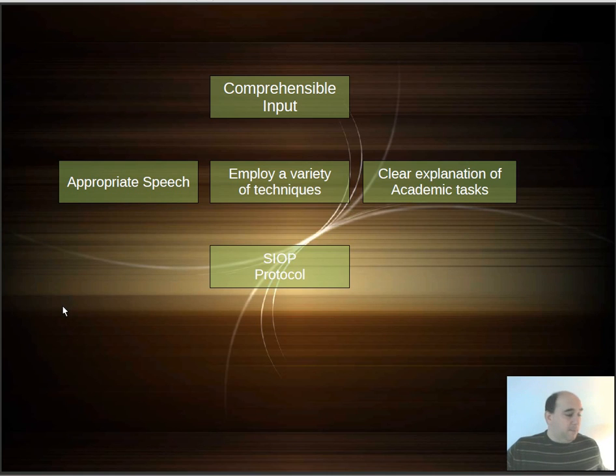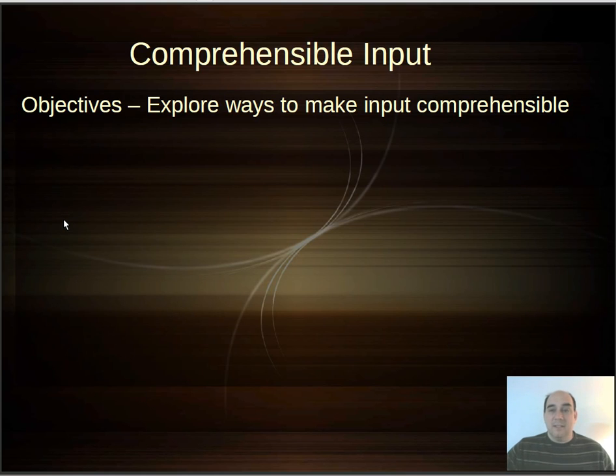According to the authors here, which is Echevarria, Vogt, and Short, they have these nice little diagrams that they begin with every single time in every chapter. In particular, we're going to be looking at what is input, what is output today, and then some of the key factors for those areas.